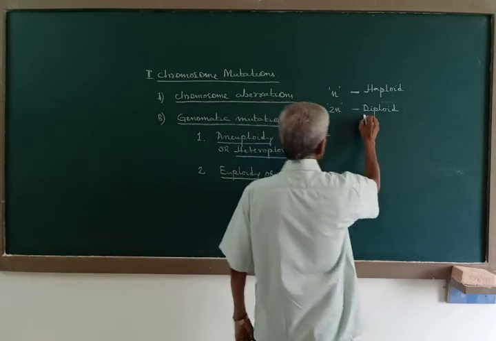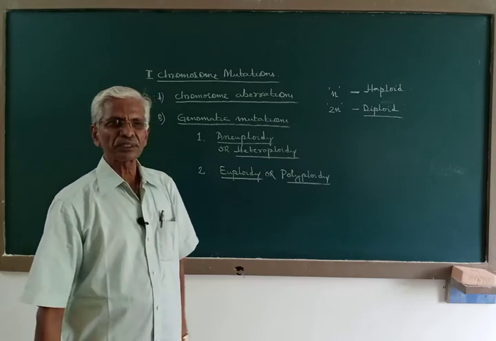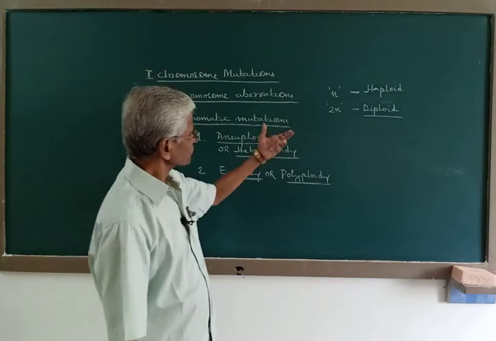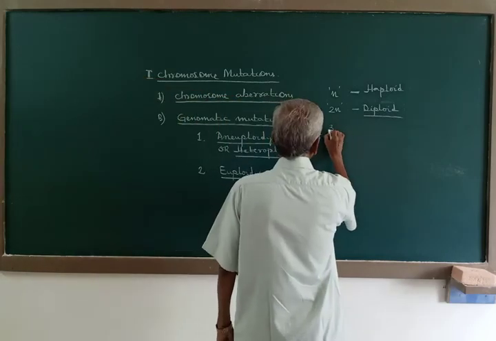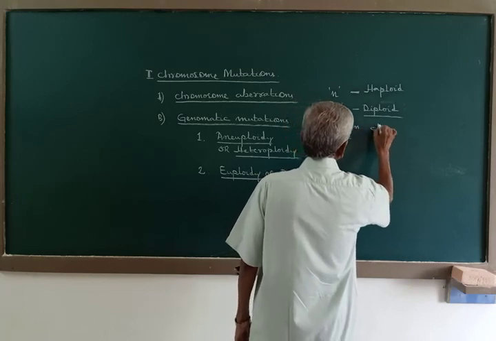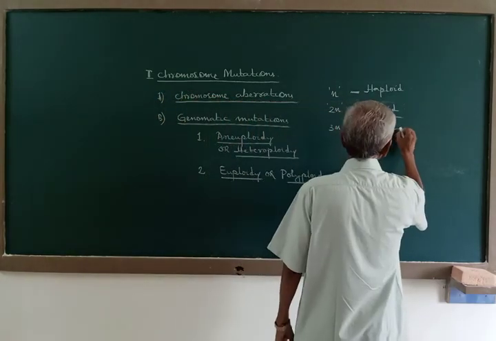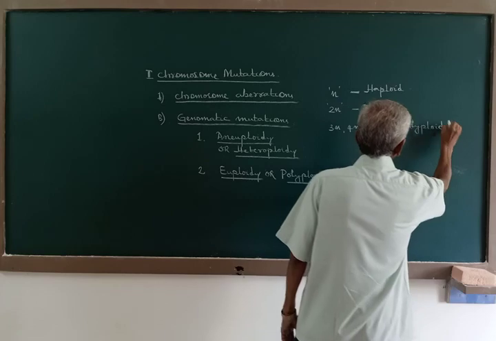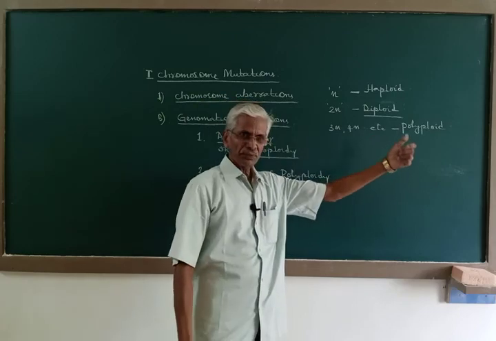If the chromosome number is beyond the diploid condition, if it exceeds 2n with regard to the number of sets of chromosomes, say 3n, 4n, etc., it is called polyploid.